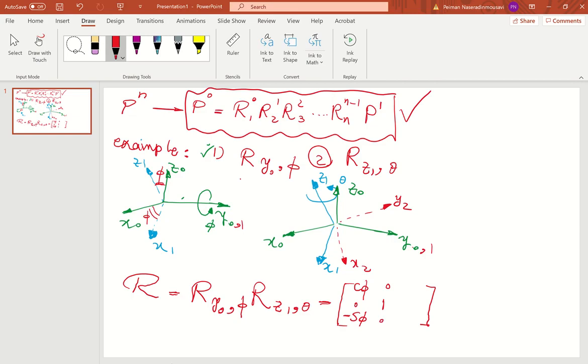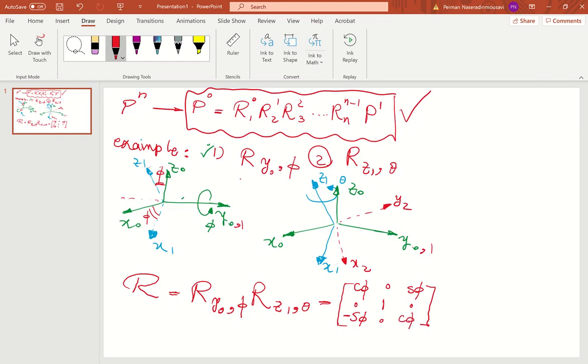Now z1 with respect to x0 is sine phi. z1 with respect to y0 is 0, and z1 with respect to z0 is cosine phi.